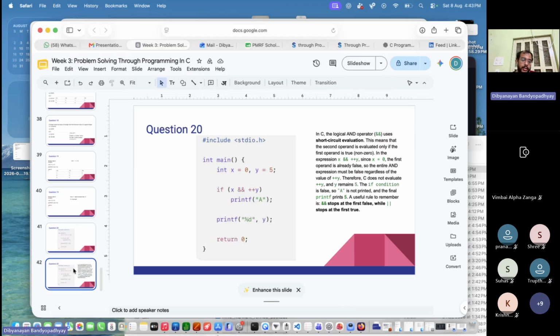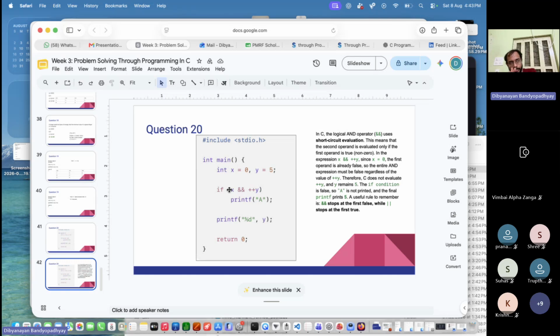So there is one interesting thing actually here. The concept is short circuit evaluation. In C, whenever it sees a logical AND operator like that, it looks at the left hand side of it, which is x here, right? So it sees the value of x.